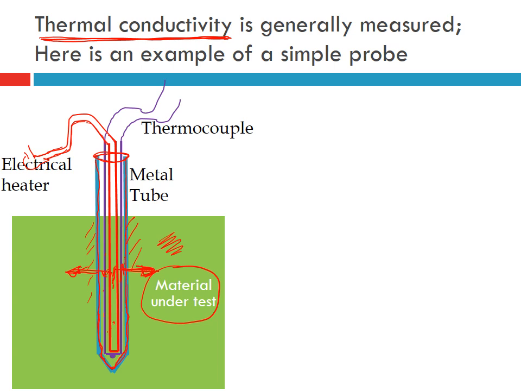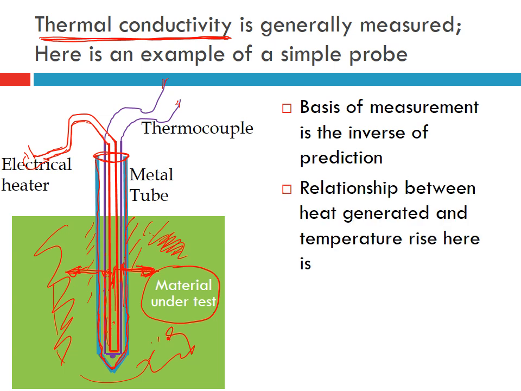So how the temperature rises in here is a measure of what is surrounding this probe. Therefore, if I measure these temperatures, then I should be able to say what is surrounding this probe. In other words, what is the material property.